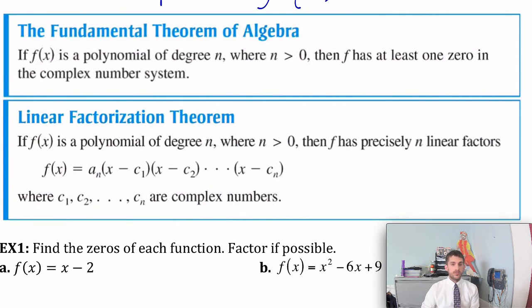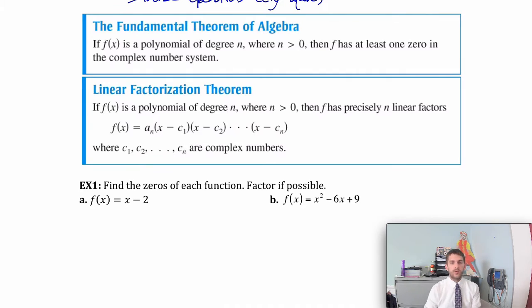If f of x is a polynomial of degree n and n is greater than 0, then it has exactly n factors. So it could be f of x equals some coefficient a sub n, then a bunch of linear factors: x minus c sub 1, where c is just a constant, times x minus c sub 2, times x minus, et cetera, where all those c values are just some constant complex numbers.